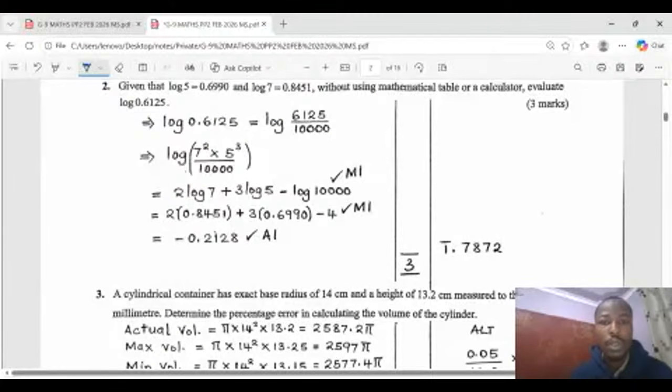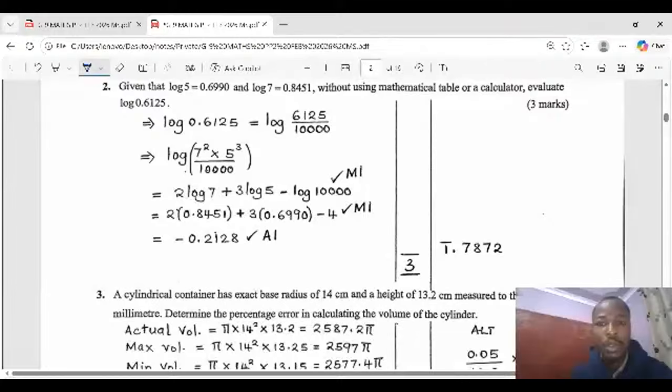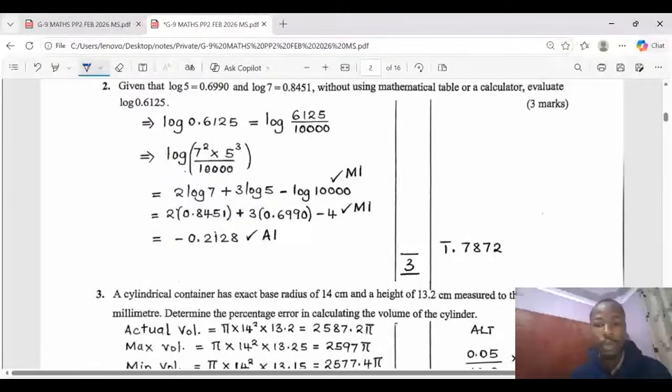Now the second question: given that log 5 = 0.6990 and log 7 = 0.8451, without using mathematical tables, evaluate log 0.6125.